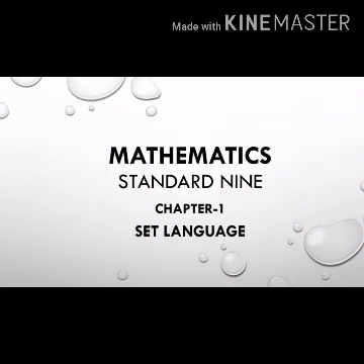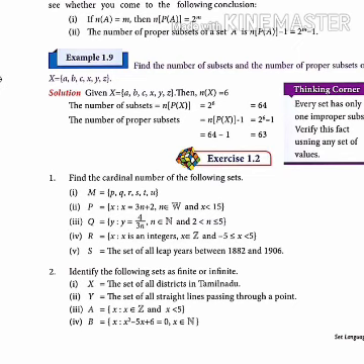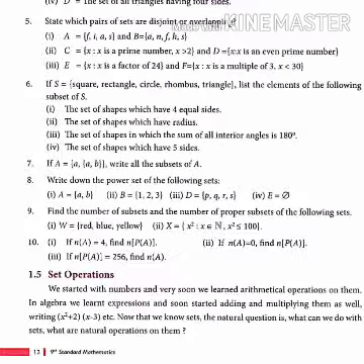Before entering into the topic, I just want to remind you that please keep your notebook and pen ready to take notes. In the previous class, we learnt the first 5 sums of exercise 1.2. In this class, we are going to learn about the remaining sums in exercise 1.2, that is sum number 6, 7, 8, 9 and 10.